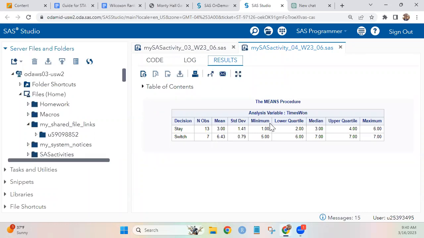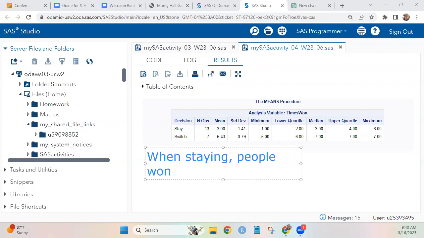Typically, you wouldn't expect to get a proportion from proc means, but essentially, because this is the number of times 1 out of 10 on average, we can tell from this. So what percent of the time did people win when staying? We have to do a little bit of a conversion here.